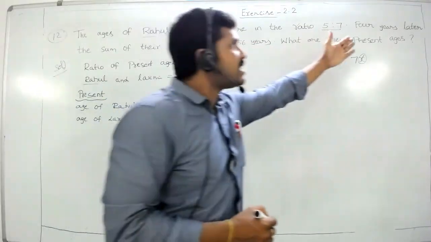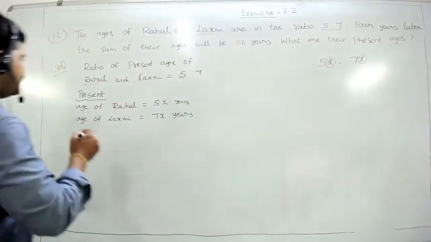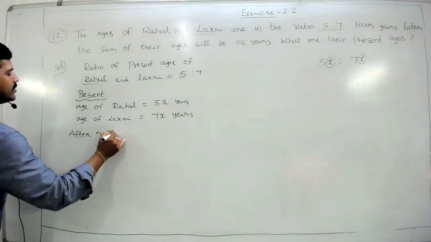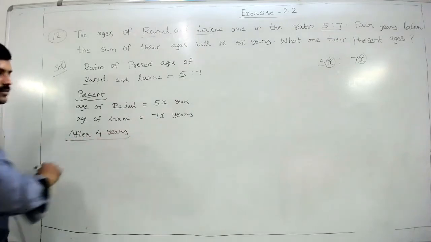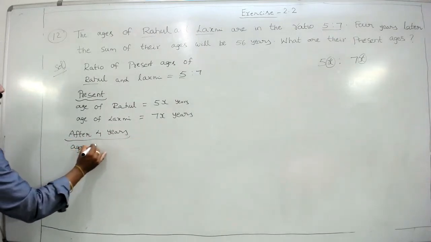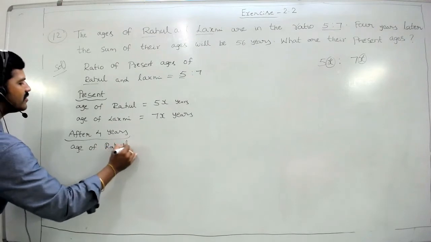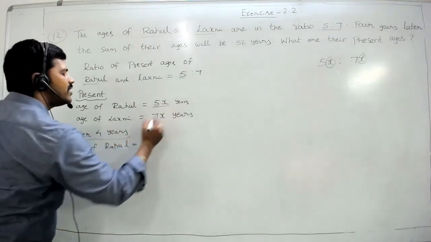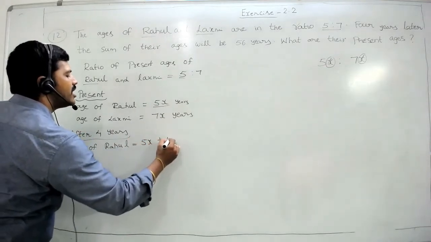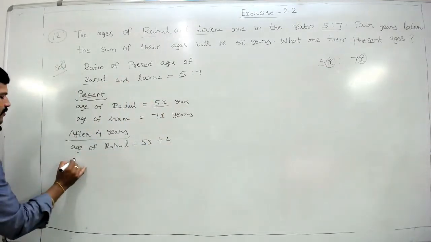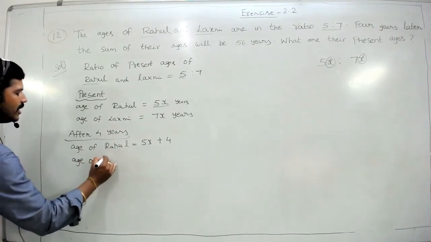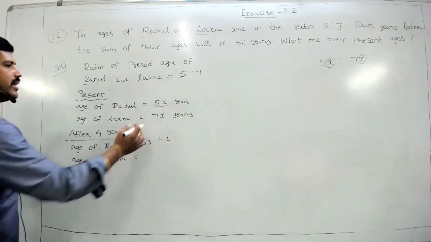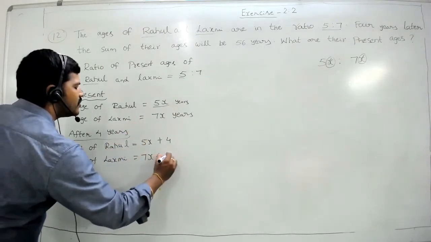Again, the ages are considered after 4 years. After 4 years, what will be the age of Rahul? It will be increased by 4. The actual one is 5x increased by 4. In the same way, what will be the age of Lakshmi? Her age is also increased by 4. That is 7x plus 4.